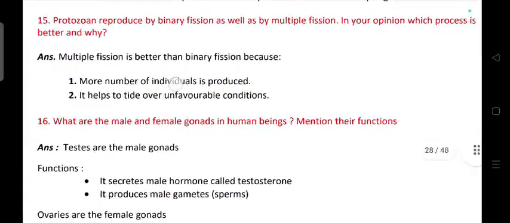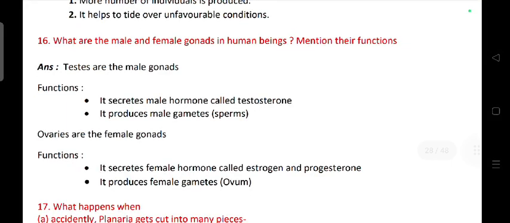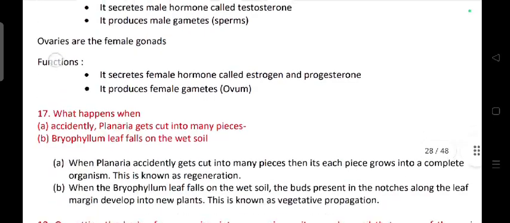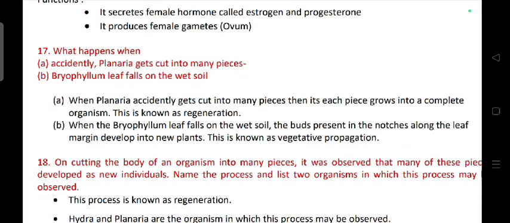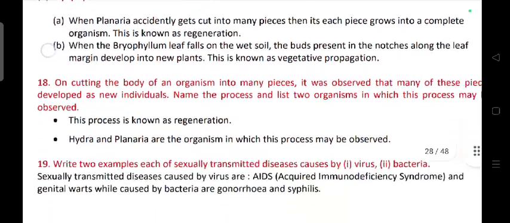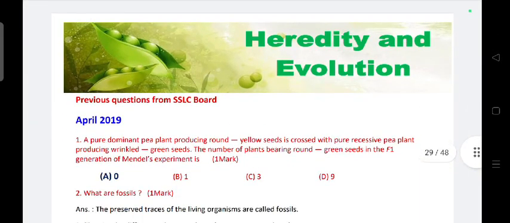In your opinion, which process is better and why? What are the male and female gonads in human beings? Mention their functions. What happens when planaria accidentally gets cut into many pieces? What happens when a Bryophyllum leaf falls on wet soil? So these are the important questions that may be asked in your 2024 paper.